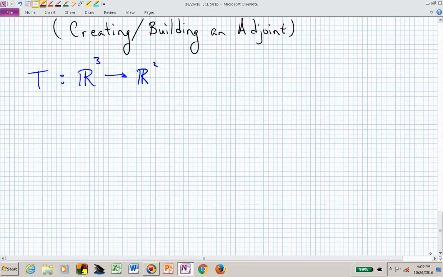Even higher level than whether it's injective or surjective. In this case, could this map be surjective? It can be, can't it?